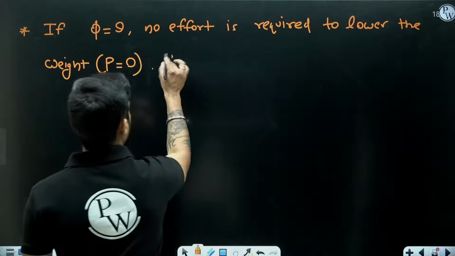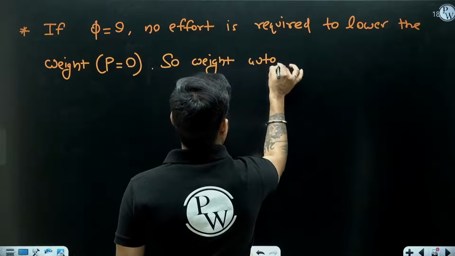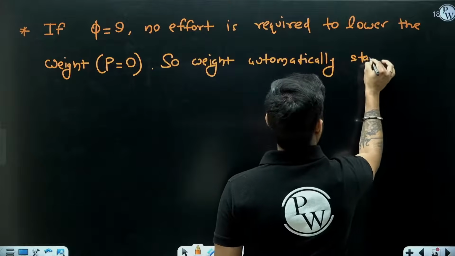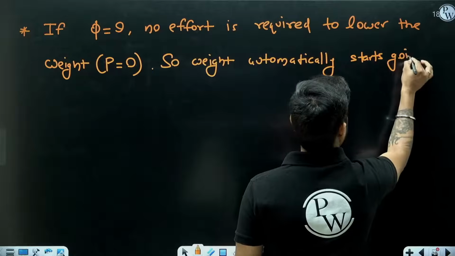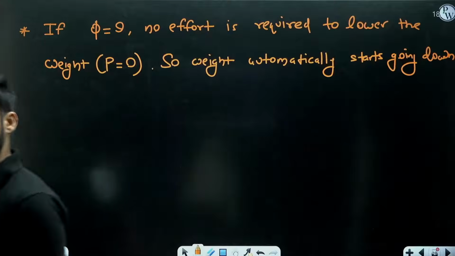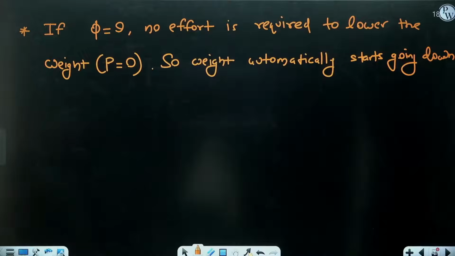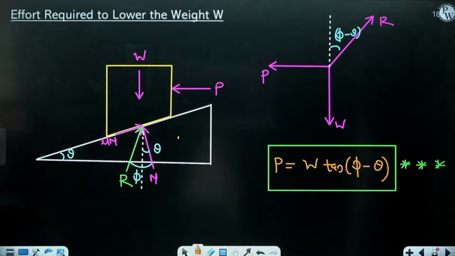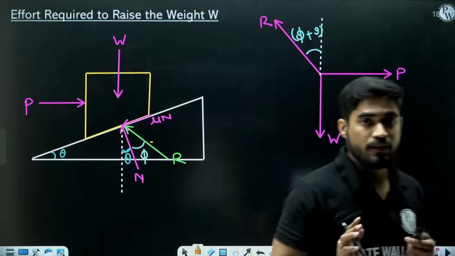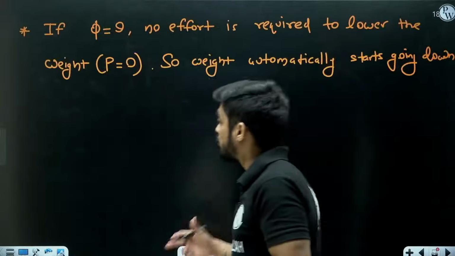So the weight automatically starts going down. Do you need that? Do you want the weight to automatically go down? No, right? You have raised the weight to a certain height and now you are not applying any effort. But in order to go down, it doesn't need any effort. So it will automatically go down. So we don't need that.